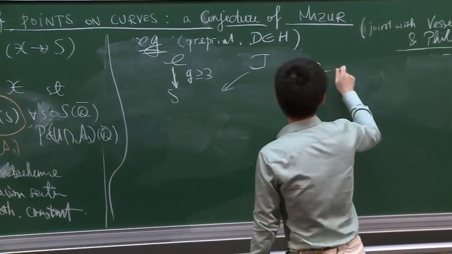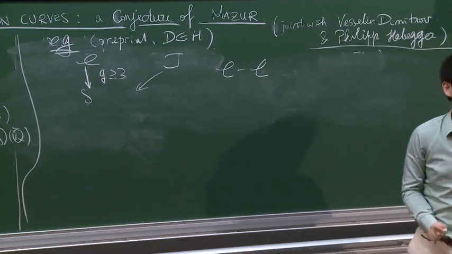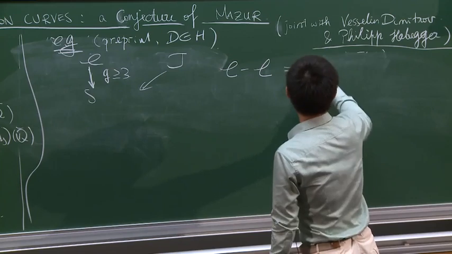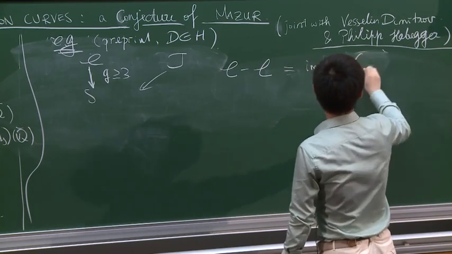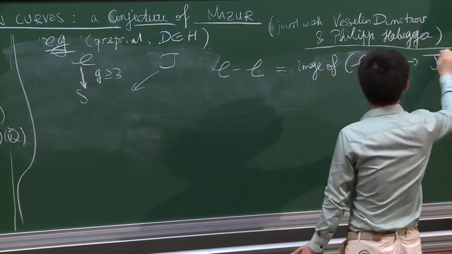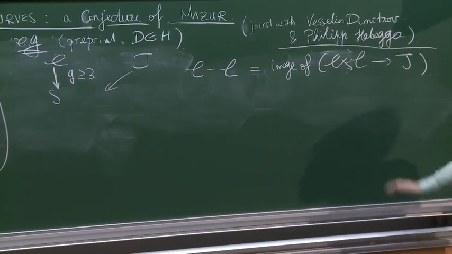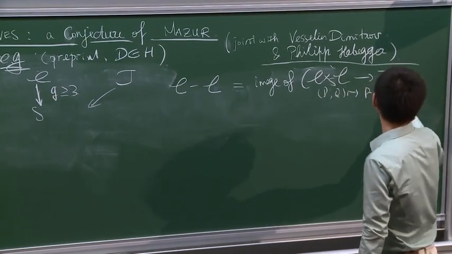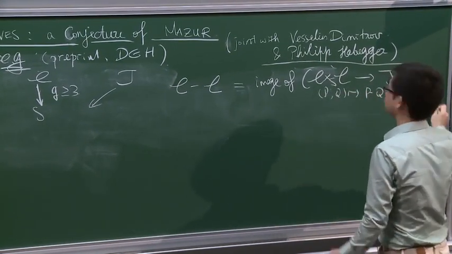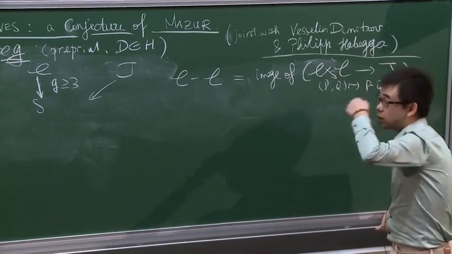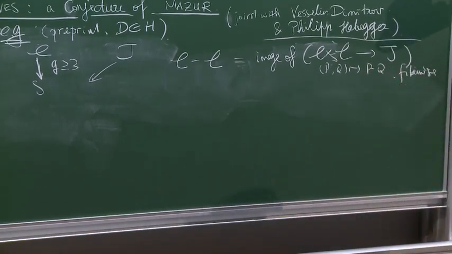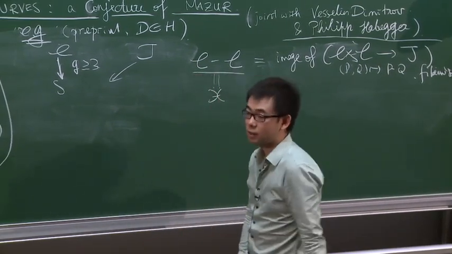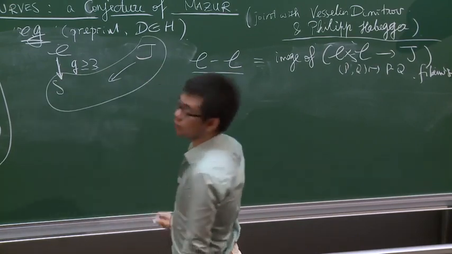So we only need to care about this subvariety C minus C in J, which is well defined because it can be defined as the image of this fiber product to J, fiberwise sending (P,Q) to P minus Q. So we don't even need to fix a section for the Abel-Jacobi embedding. Let's call this one our subvariety X, and of course this will be the A over S.